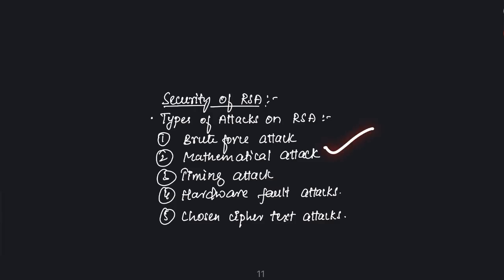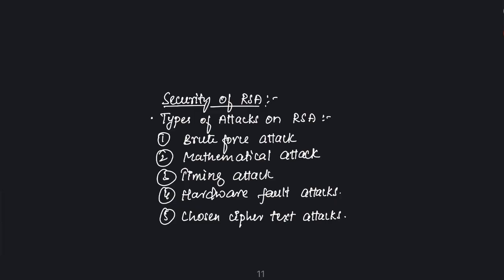Next we have the mathematical attack. These attacks involve factoring the product of two large numbers, that is p and q. Common strategies include factoring n into two primes p and q, determining the totient function, that is φ(n) = (p − 1)(q − 1), directly without finding the p and q values, and computing the d value, that is the private exponent, directly from e and n.